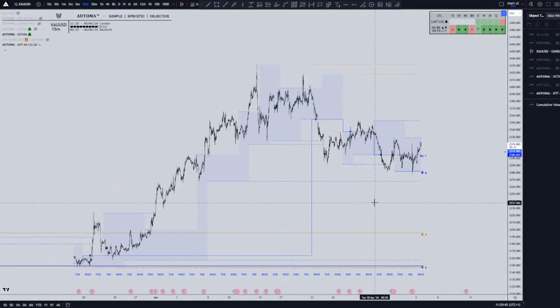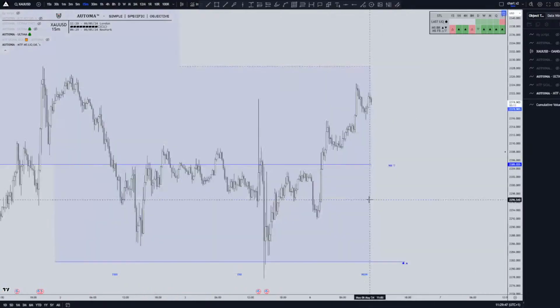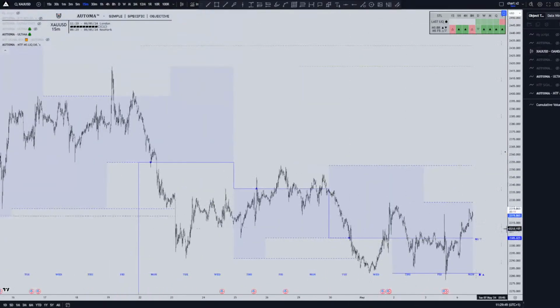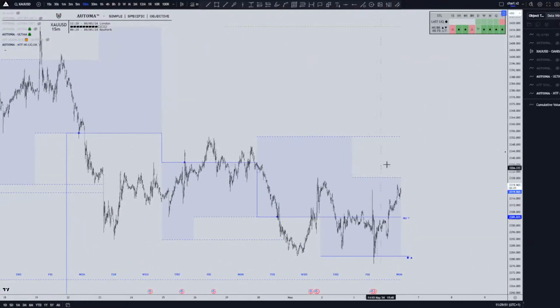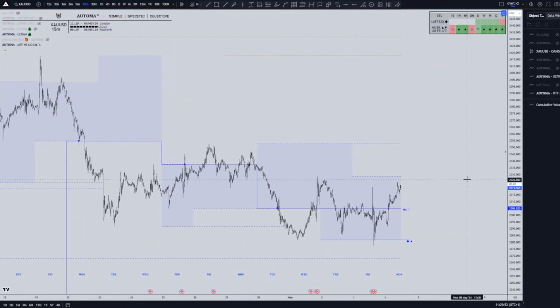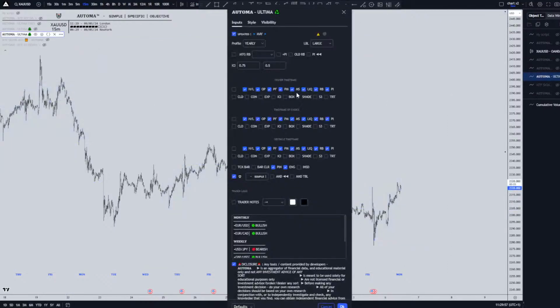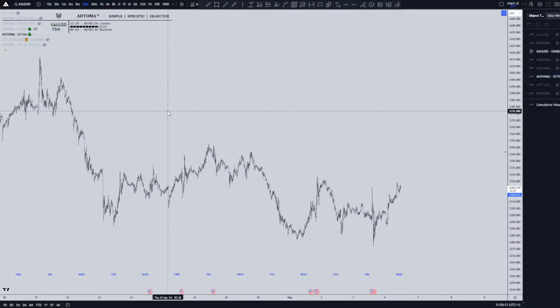Otherwise, it's one of the really great tools, especially the more advanced version we have in Ultima, where we have an AMD table which shows accumulation, manipulation, distribution, but limited to specific profile templates, like in this case yearly, quarterly, monthly.